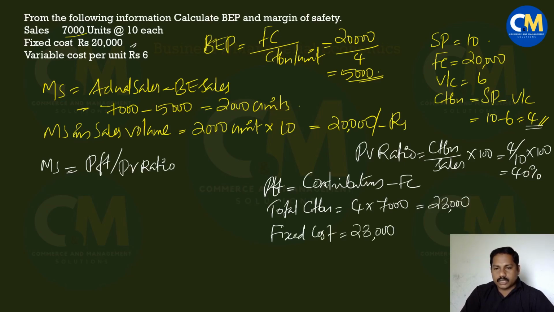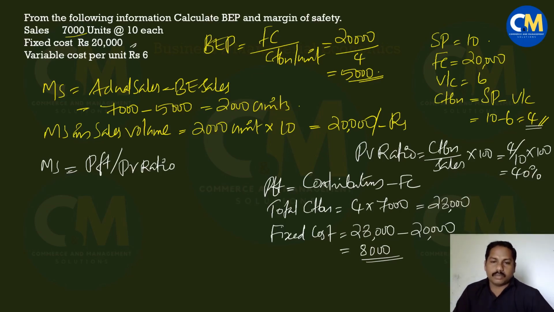Sorry, here we are not calculating fixed cost; we are calculating profit. So profit is equal to 28,000 minus 20,000. So we got the profit, that is 8,000.